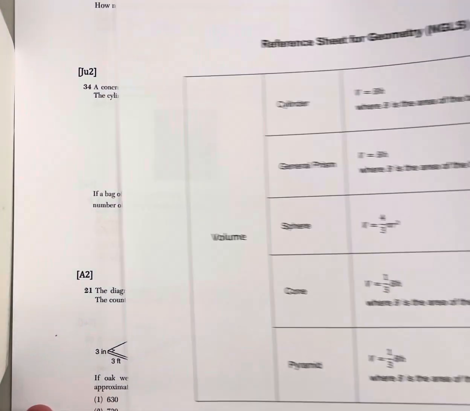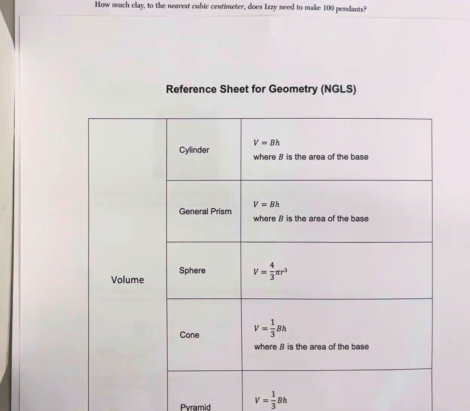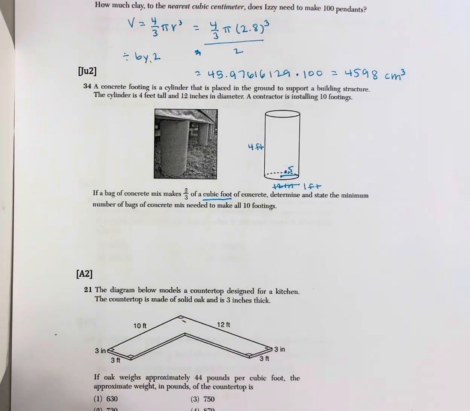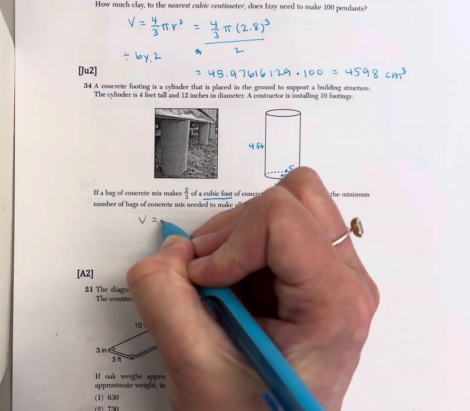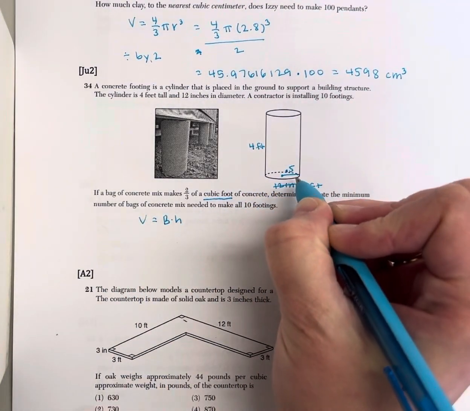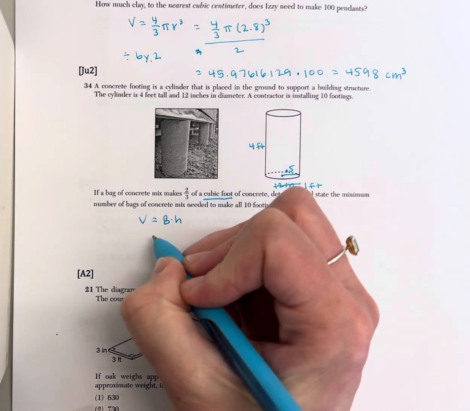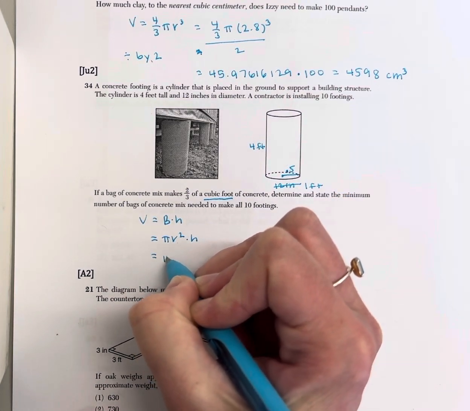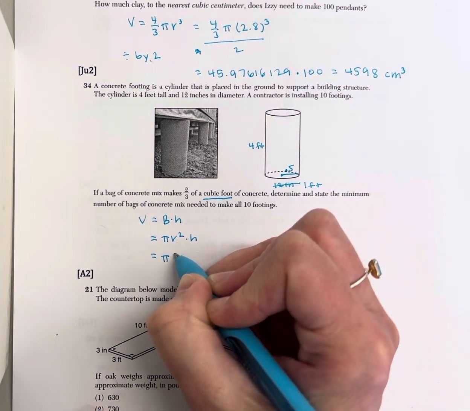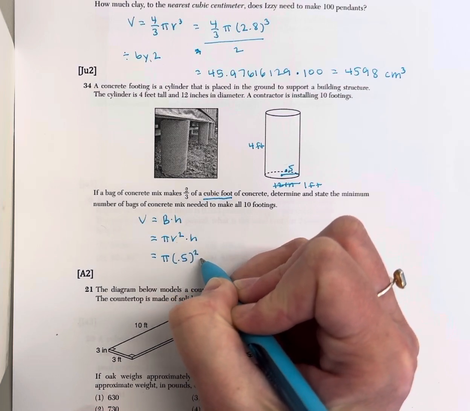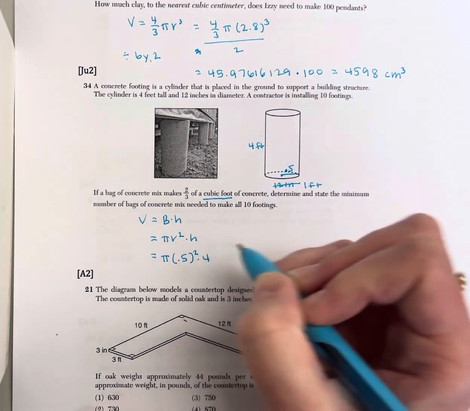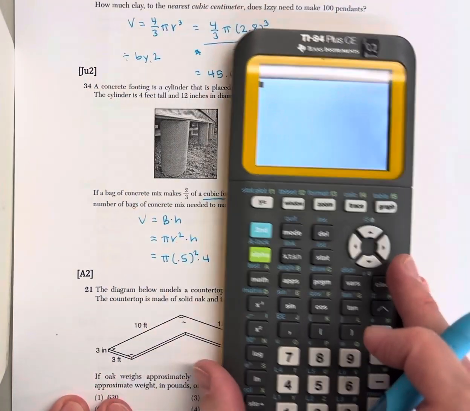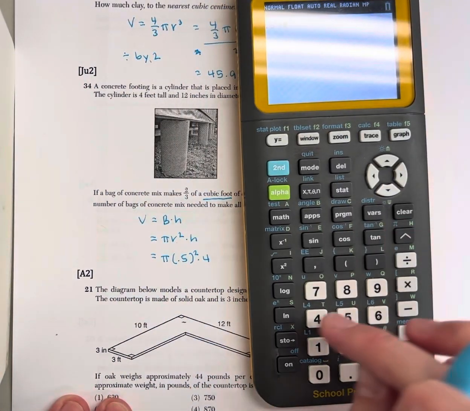So if I go back here, I'm looking at the cylinder. Volume equals capital BH, where B is the area of the base. So the area of the base is a circle, so the area of that is pi r squared. So we've got pi r squared times h. Pi, the radius is 0.5 since we're talking feet, half a foot times 4 feet. 0.5 squared times 4.